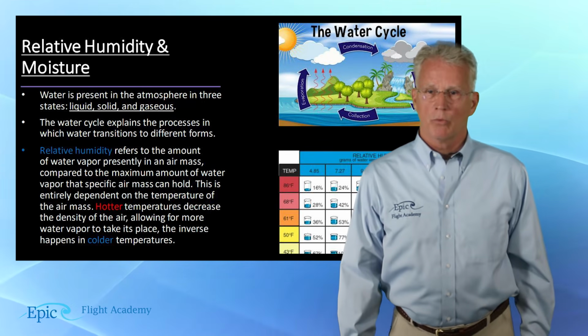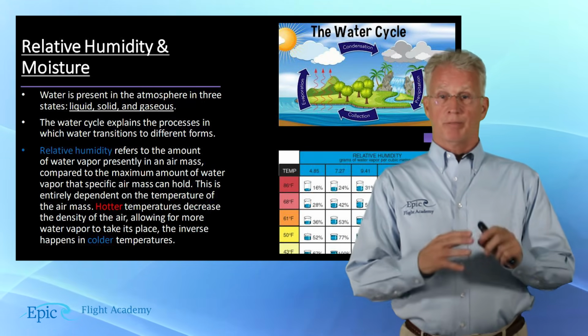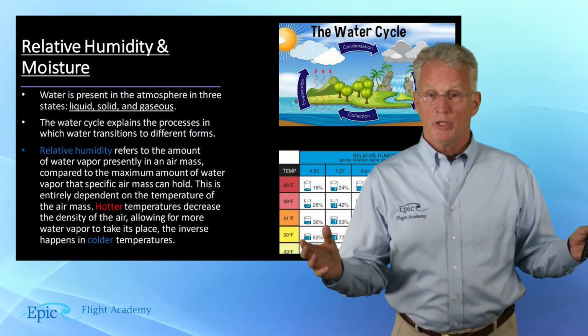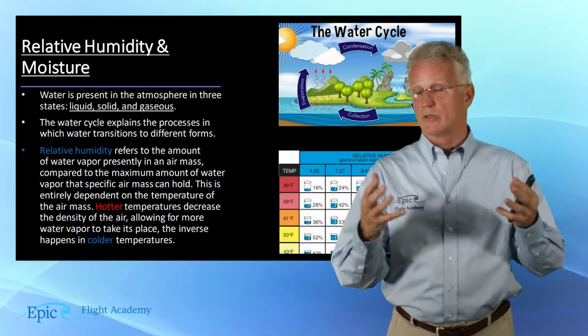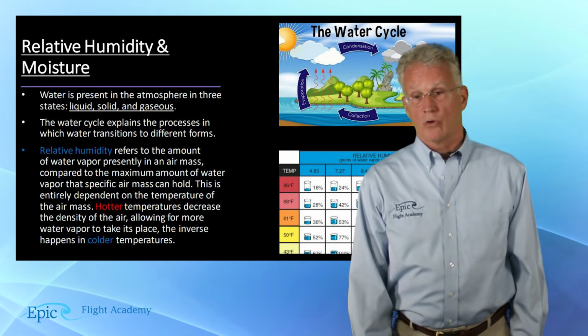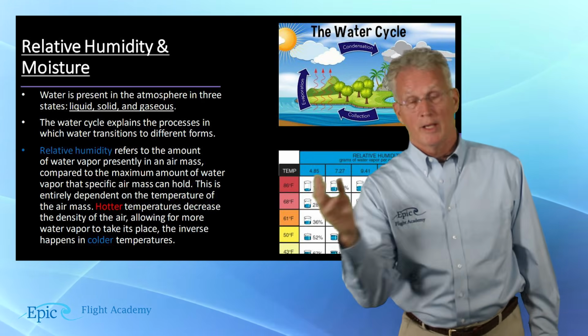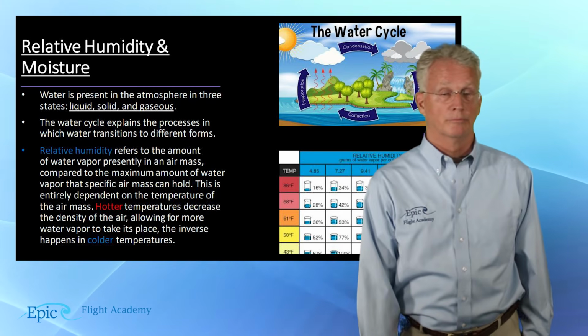When the air is reduced to the dew point, the air is completely saturated and the moisture begins to condense out in visible forms such as fog, dew, frost, clouds, rain, or snow.